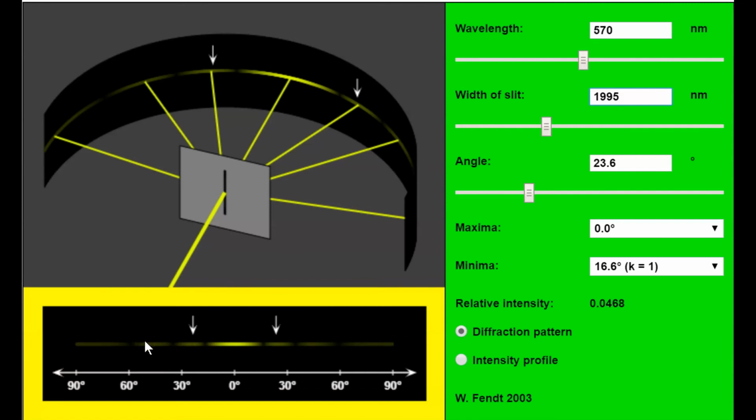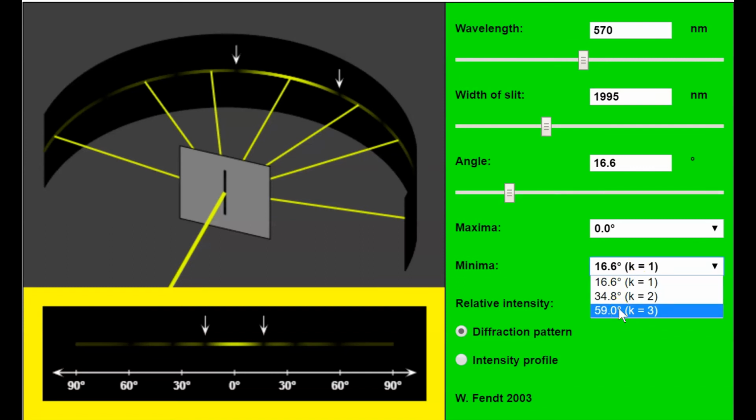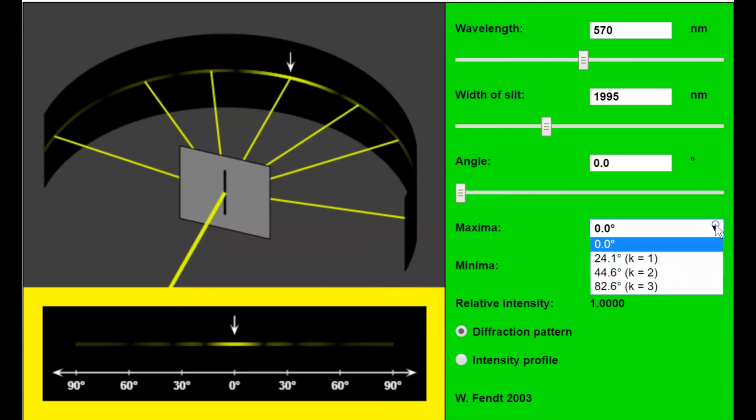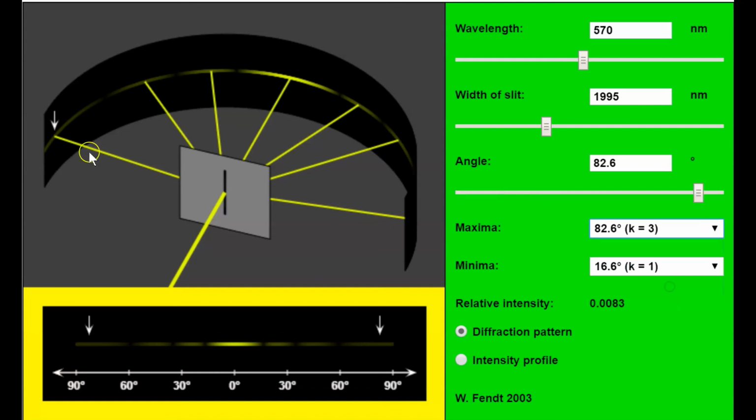They shouldn't be, because it's proportional to sine of theta. So I'm going to have 3 minimas, and these are the angles which we'll calculate. And then let's go look at the maxima now. The maxima at the end is still at 90 degrees, even though it's smack in the middle between two minimas.